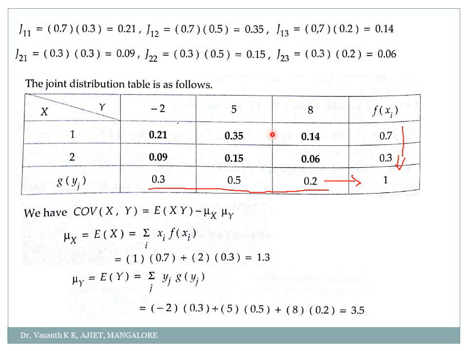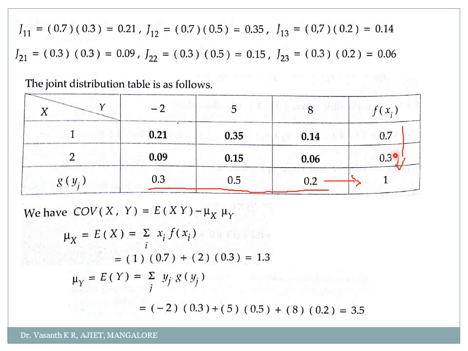Next, to check whether these values are proper or not, what you do is, you add all these values, write it here. Add all these values, write it here. 0.7 and 0.3. If you check your question, were these not the probability values of x? Yes. So when x was 1, its probability was 0.7. When x was 2, its probability was 0.3.